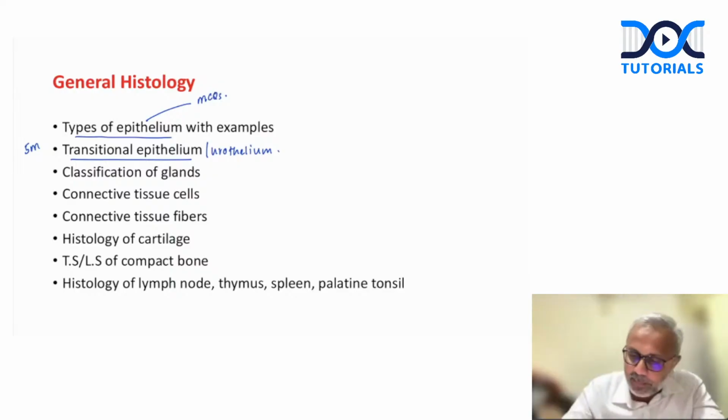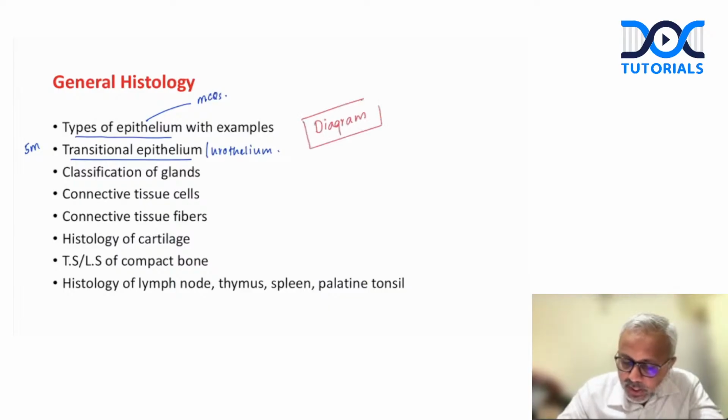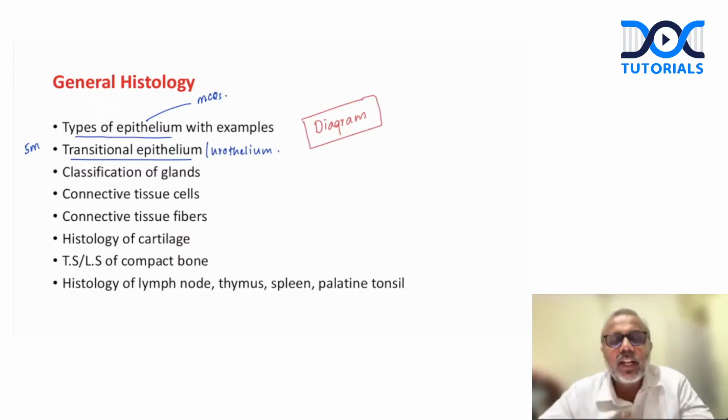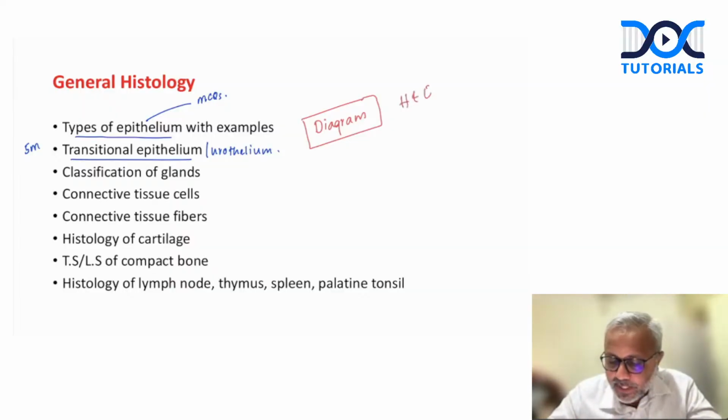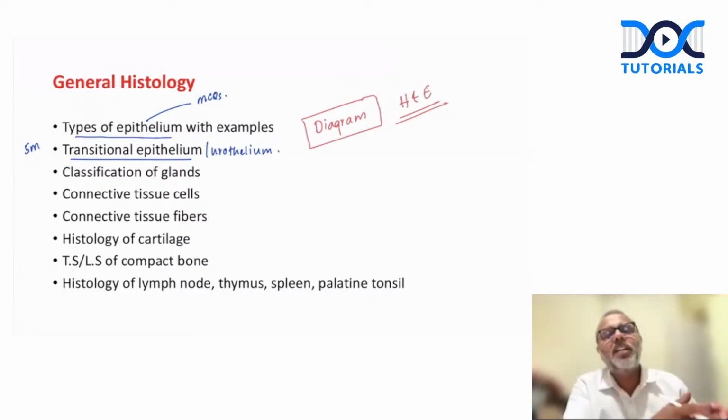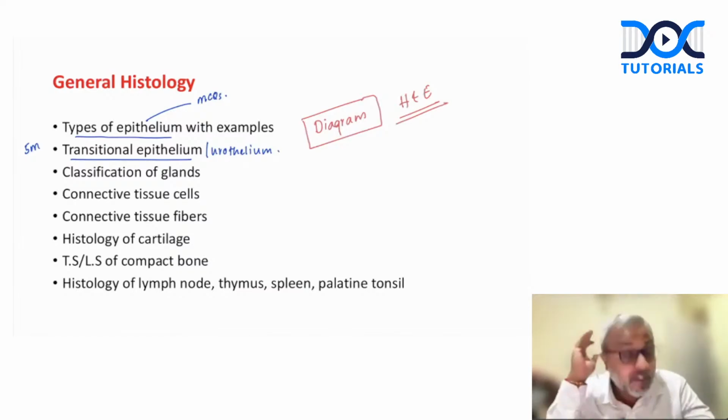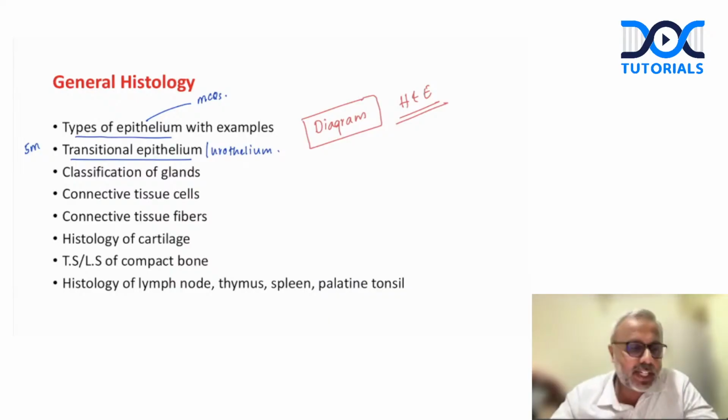First thing, remember, any histology question is incomplete without a diagram, right? You have to draw a diagram in histology, using only H and E pencils, except of course for the section of bone, and possibly the longitudinal section of peripheral nerve if it is specified, right? So an H&E diagram for any type of tissue is an absolute must, right?